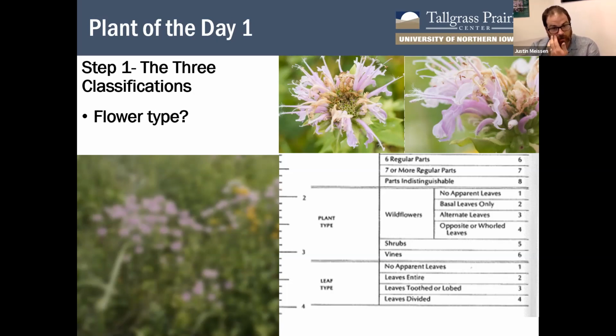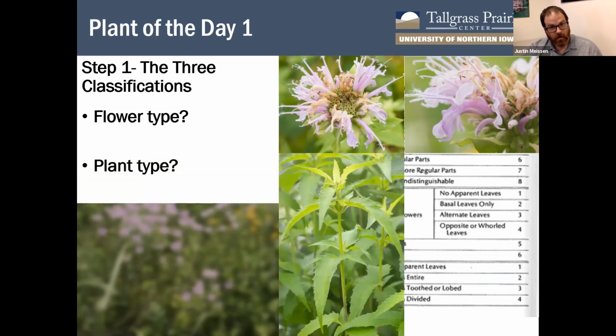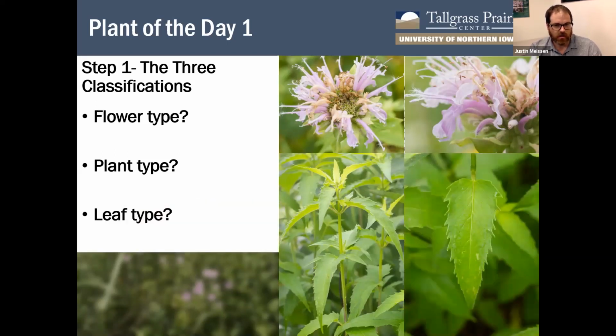Next, let's take a look at the plant type. How would we classify this? I'm seeing this as a wildflower. It's got opposite leaves. Yes. And then lastly, let's take a look at the leaves and how would we classify those?